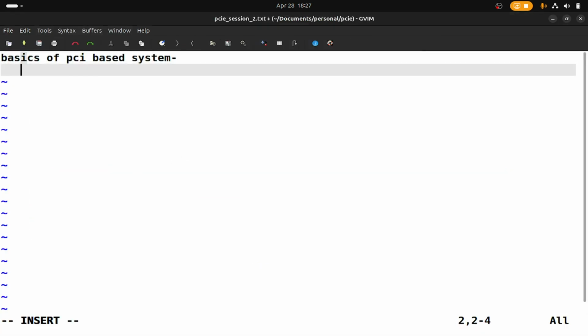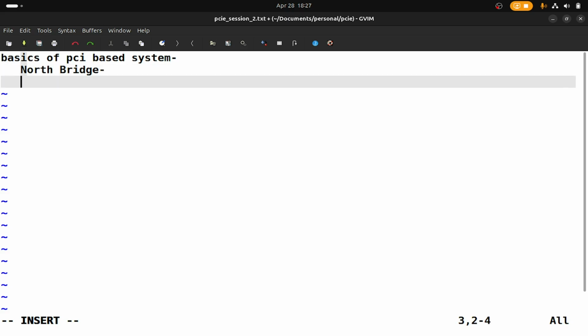First of all, North Bridge. It is a high speed data management hub.